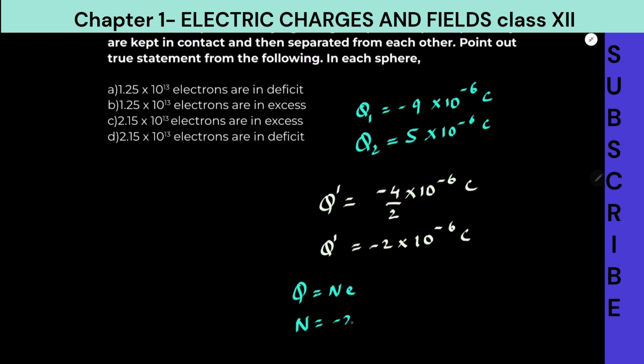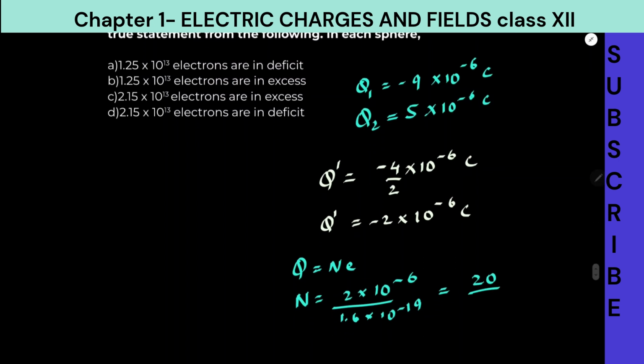So Q here will be minus 2 into 10 to the power minus 6 whole divided by E, 1.6 into 10 raised to minus 19. Let's take 19 on the top, and even remove this decimal. It will become 20 upon 16, let me remove the negative sign, because numbers are there. No sense of negative numbers here.